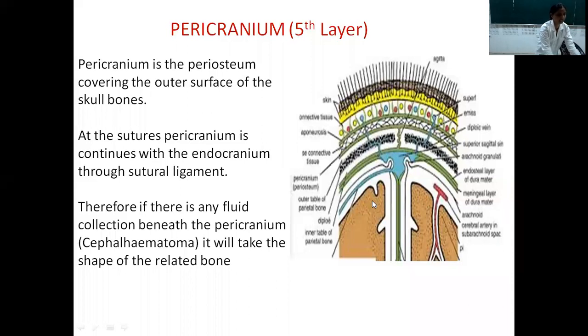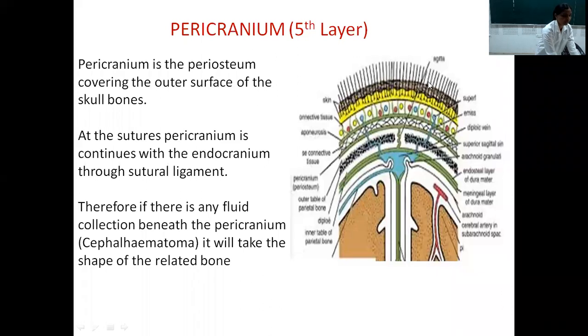The endocranium is nothing but the periosteum covering the inner aspect of the skull bones. Got it? The outer aspect is covered by pericranium, the inner aspect by endocranium. So there is a continuity between pericranium and endocranium at the level of the sutures, which is called the sutural ligament.